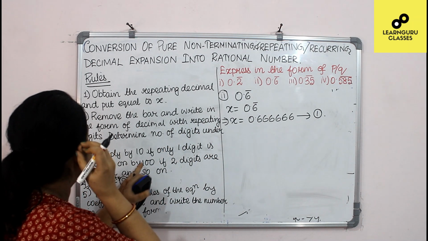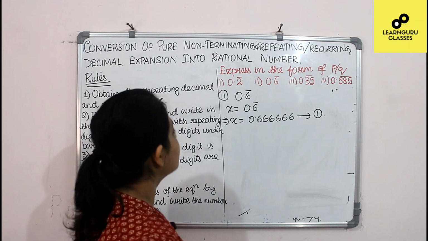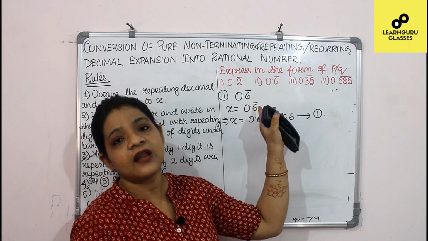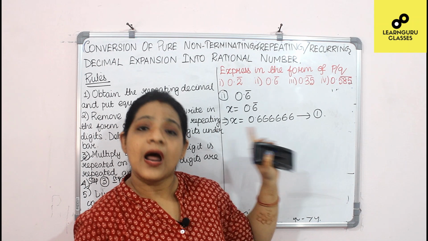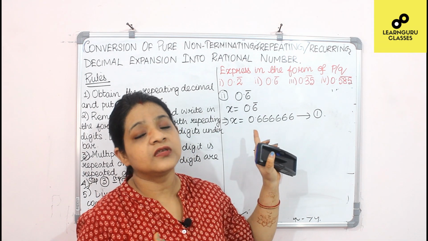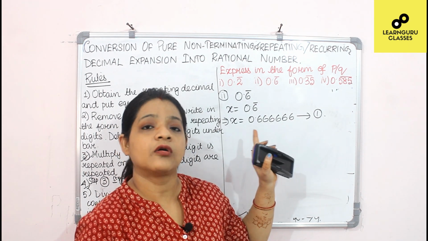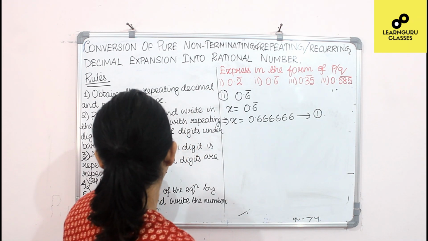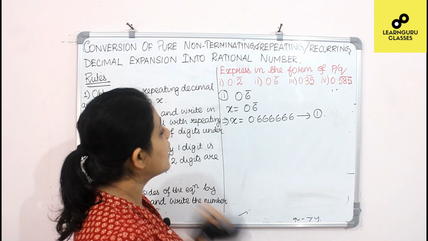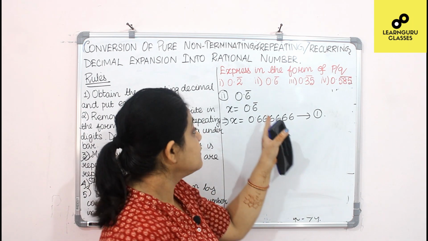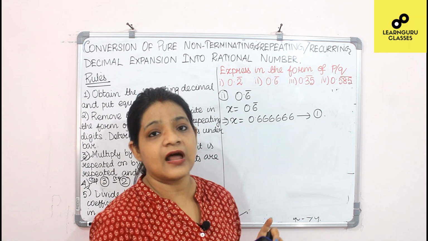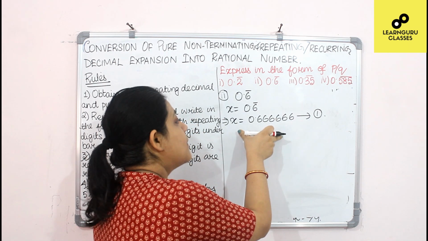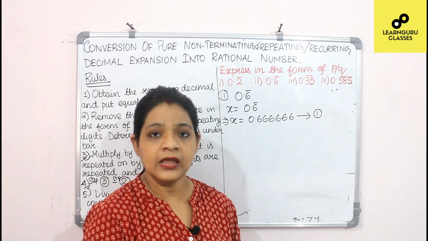Now determine the number of digits under the bar. How many digits are under the bar? Only one digit is under the bar, so the periodicity is 1 over here. Next step is multiply, with what? Since only one digit is under the bar, you will multiply both sides by 10.